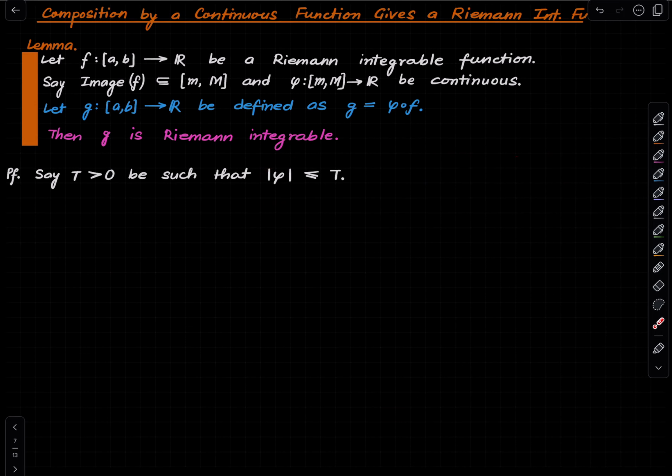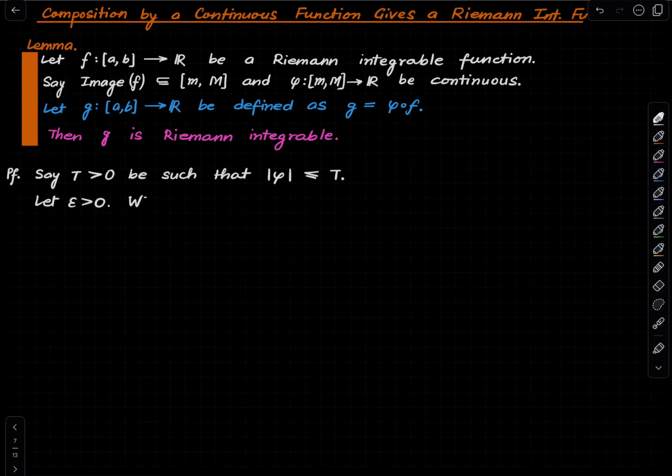So pick a t with this property, and to follow the proof, you may assume that t is 1. That's the best way to follow the proof. Okay, and we will of course use the criterion for Riemann integrability, which is that suppose we choose an epsilon greater than 0.